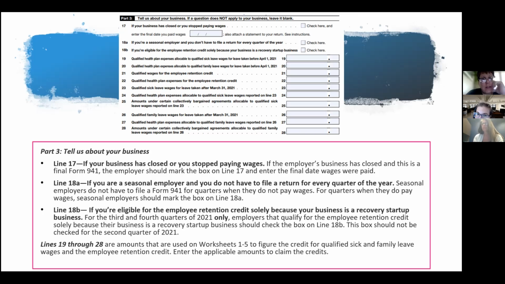If you're doing things right, you should have an idea as to how much should be in each of these lines, so that when you're reviewing it, if it doesn't look right, it'll pop out to you, and you can look through it and try to figure out what's going on and why it doesn't look right, and go back to your worksheets and see if you put a number in wrong. But if you're paying attention and you've gone through everything correctly, you should know approximately what should go into each one of these lines.